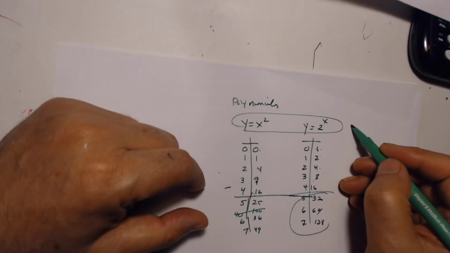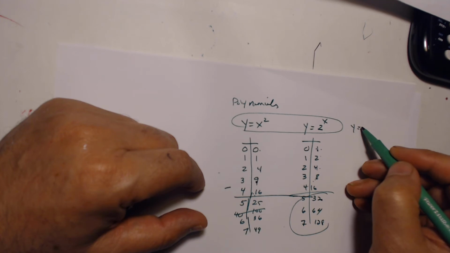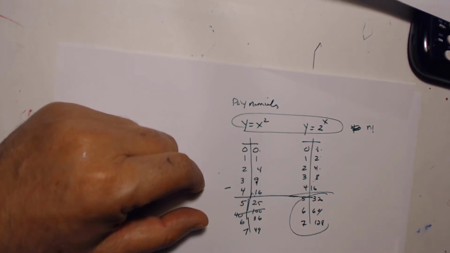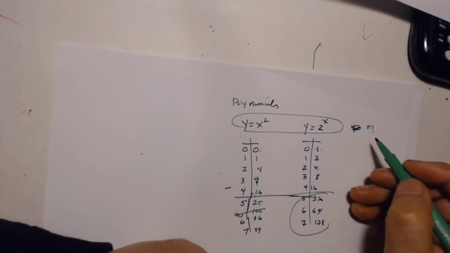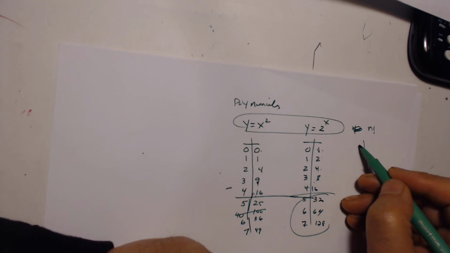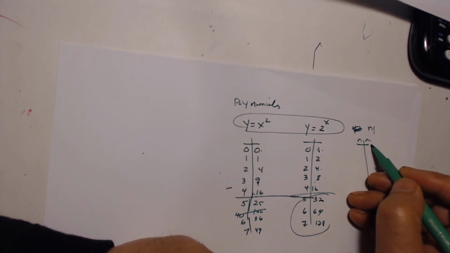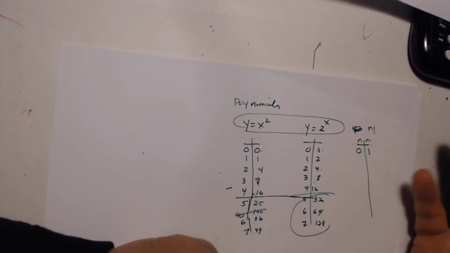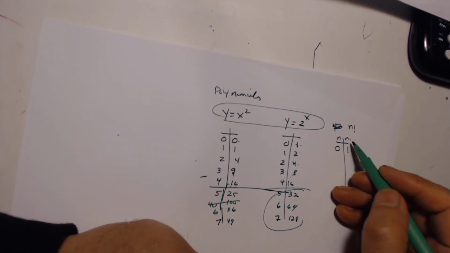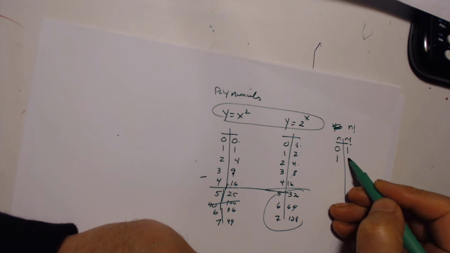But somebody said, what happens if I have y equal to n factorial? Let's talk about that one. Well, when n is 0, I get 1, because 0 factorial, mathematicians chose to become 1. When it's 1, it is 1.